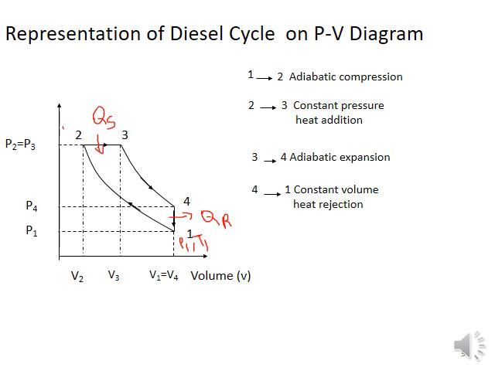The pressure P1 increases to P2. See here the pressure value is increasing, here the P1 value and here the P2 value. The pressure increases from P1 to P2 and the temperature also increases from T1 to T2.